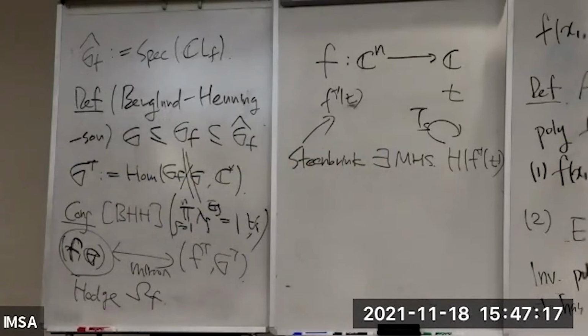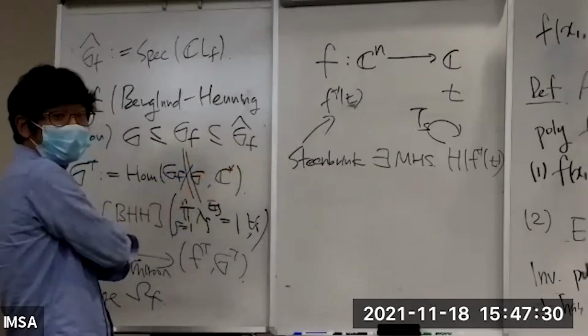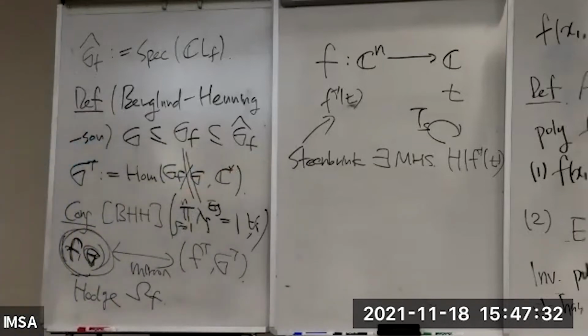Because I now have this G action, there is some extra complication. But if G is trivial, then I think the mixed Hodge structure there is the same. Because of the extra G action, I need to be careful with the spectrum. But anyhow, this helps.